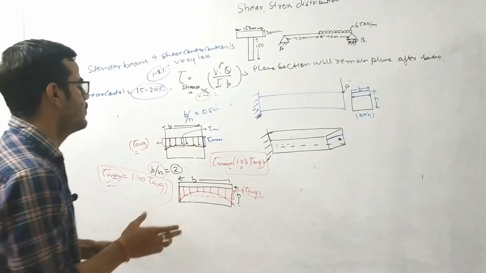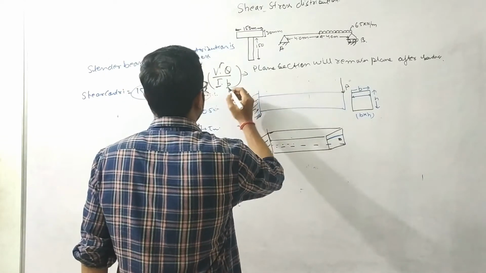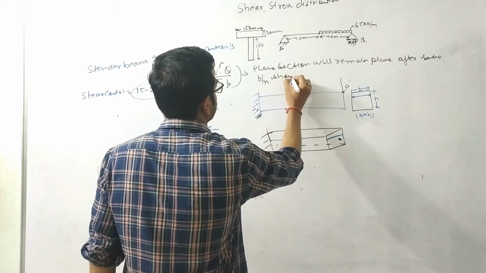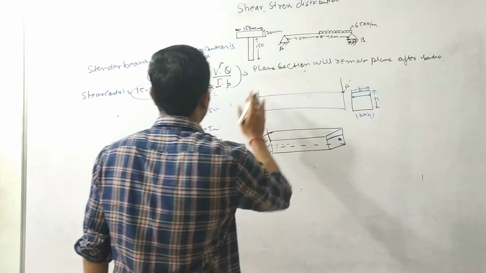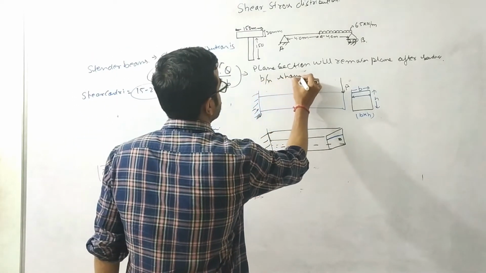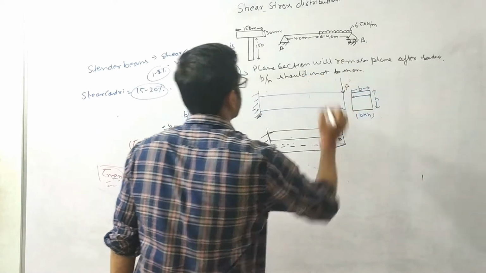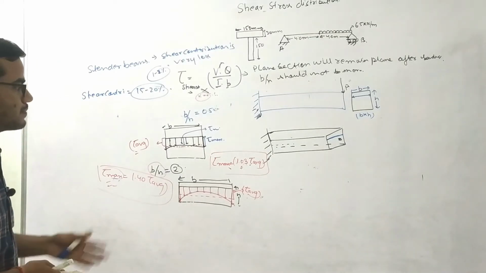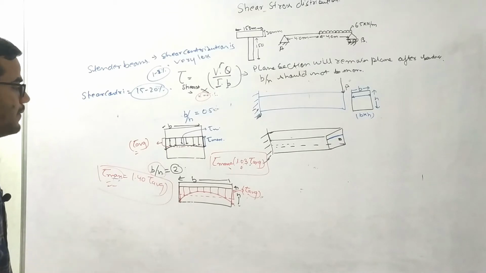So generally we use this formula in the case of narrow beams, where B by H should not be large. There will be some error in this formula. This is the second assumption we have taken.